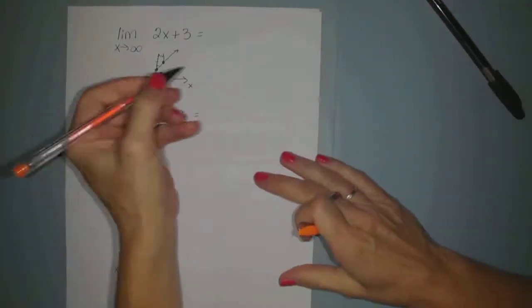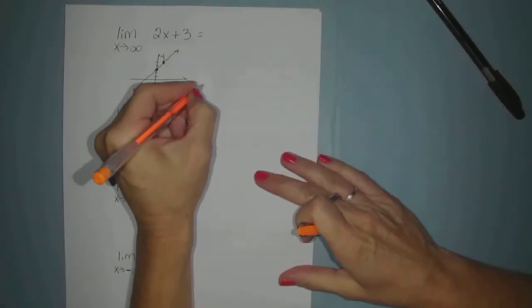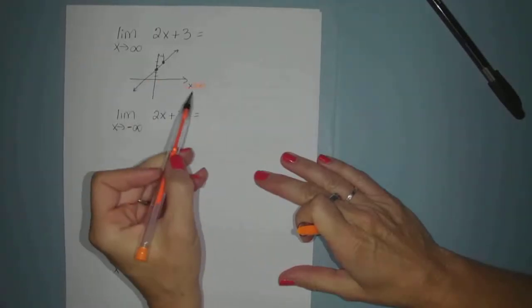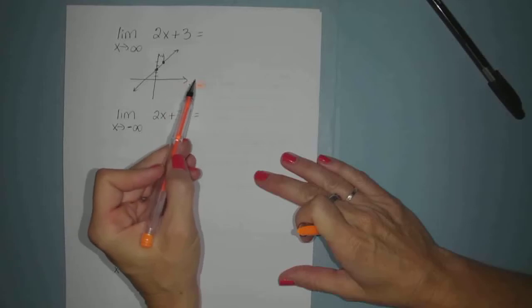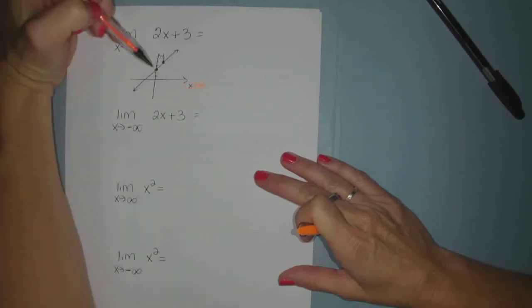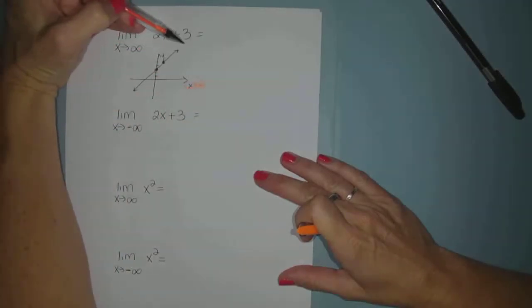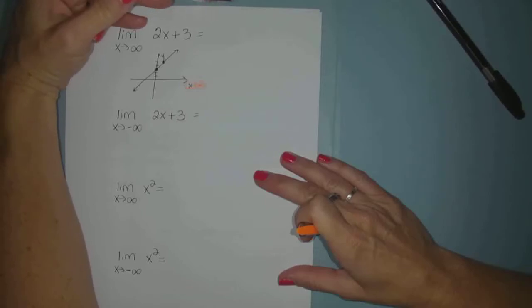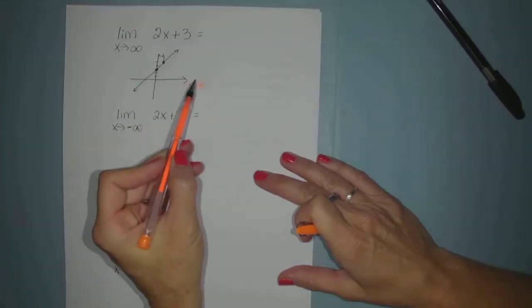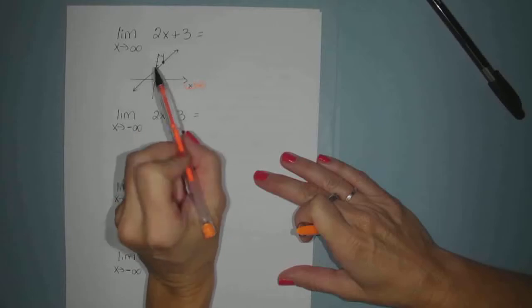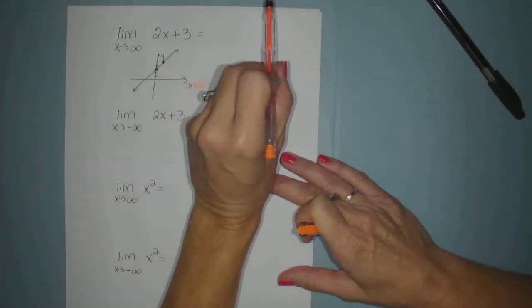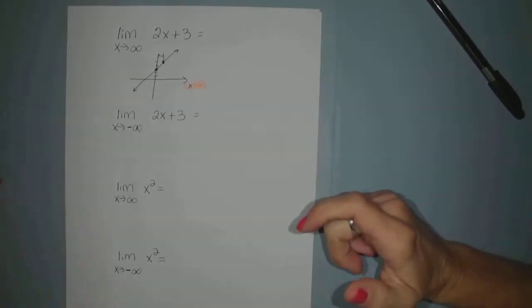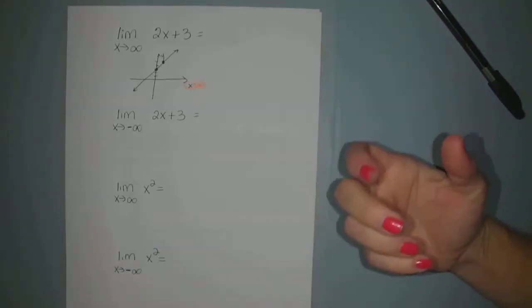So as I go way out to the right, as x is approaching infinity, getting larger and larger, what are the y values doing? Well, they're going up. So as x goes toward infinity and grows large, it seems that y is also going to positive large. So I'm thinking that the answer to this problem is infinity.